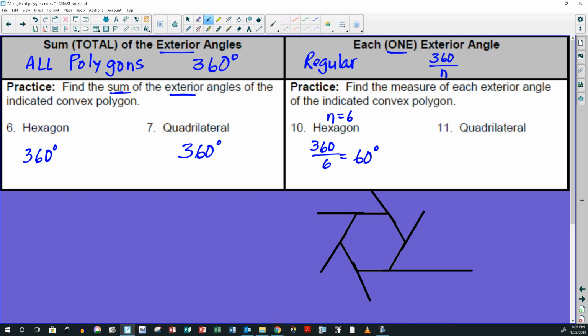So that means this exterior angle is 60 degrees. This one is 60 degrees, this one is 60, and so on. So all of these outside angles are 60 degrees. Quadrilateral, well, that means it's got 4 sides. So 360 divided by 4 is 90. So easy peasy.